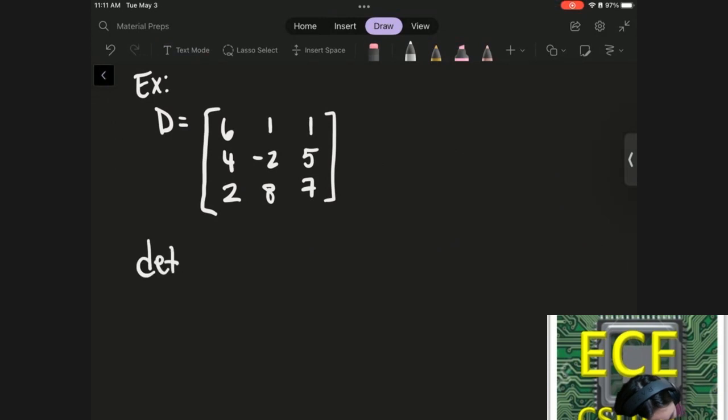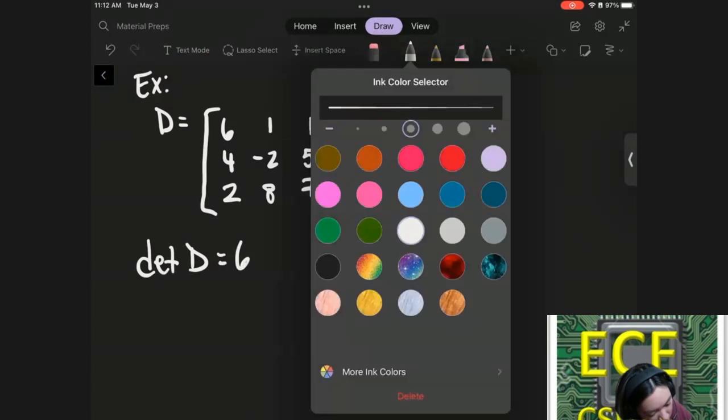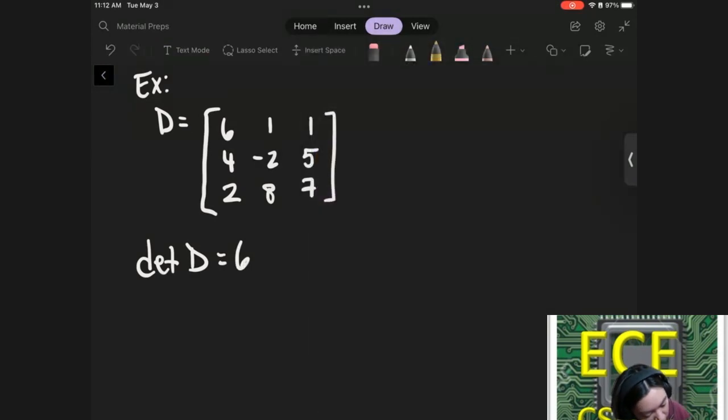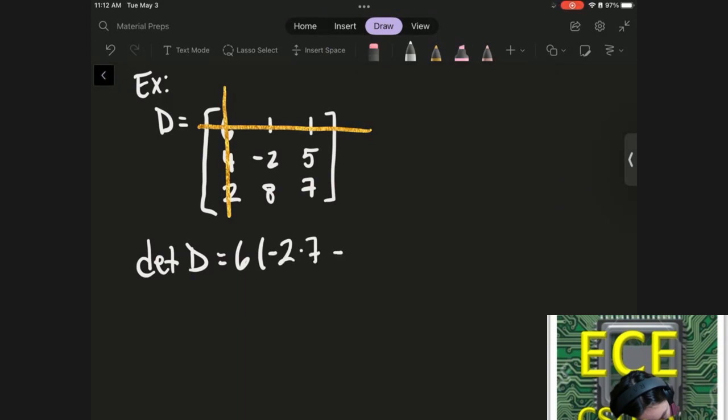So the determinant of D, I'm going to start off with 6. So it's 6, and then we're going to ignore this row and this column and find the determinant of the leftover 2 by 2 matrix, which is minus 2 times 7 minus 8 times 5.